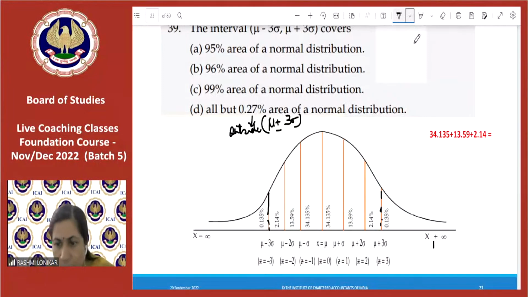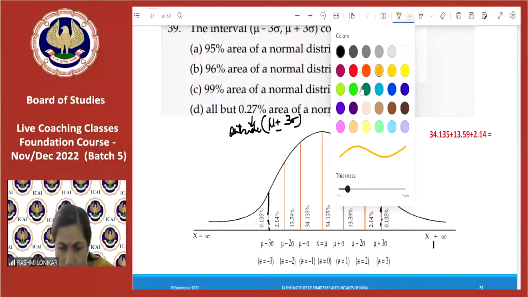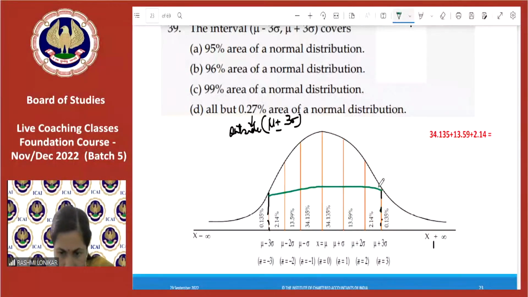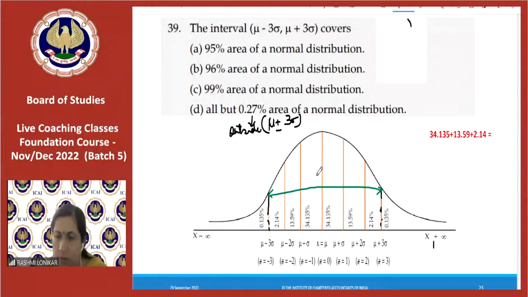What do I want to find out? I want to find out from here to here. So what I do, I add them up. This is 2.14, and over here 34.135 plus 13.59 plus 2.14.